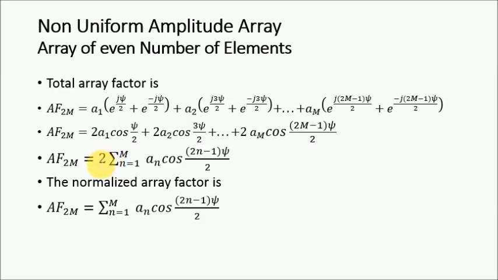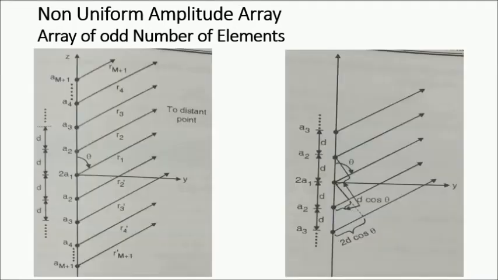In other cases it is 2 times the amplitude when the current is uniform. Now if I divide by this 2, the normalized array factor, you remember this equation, is the summation n equal to 1 to capital M of an cos((2n minus 1) psi divided by 2). Now similarly we can go for the odd number of elements.